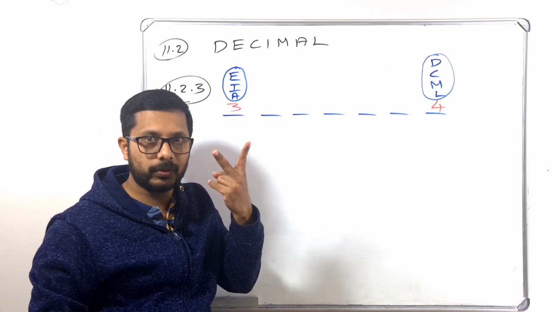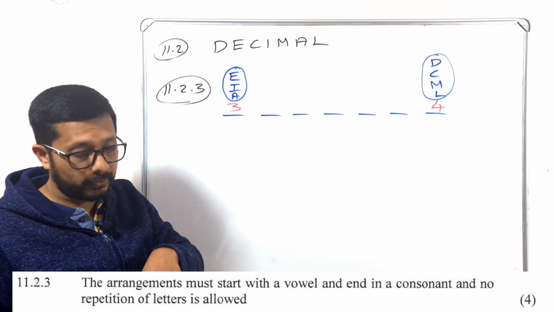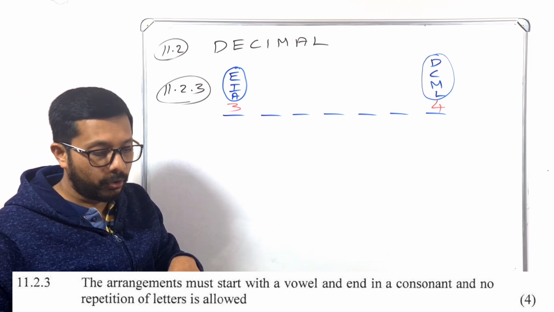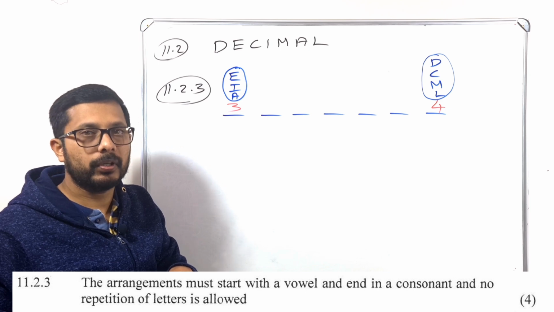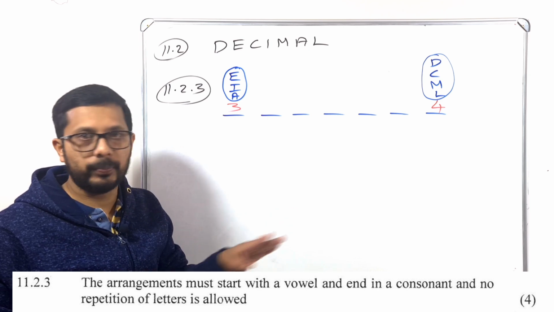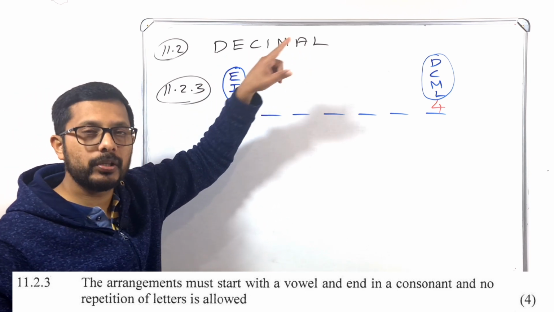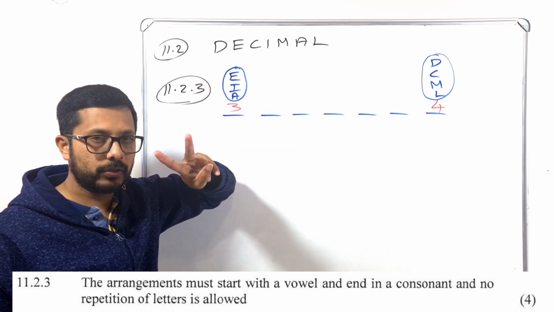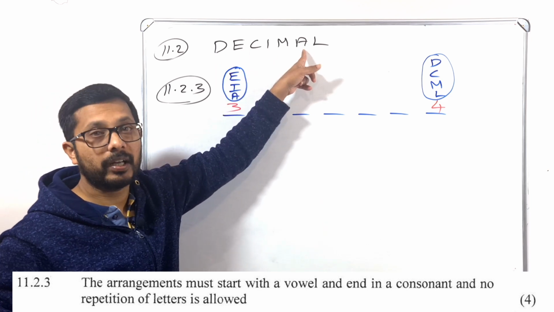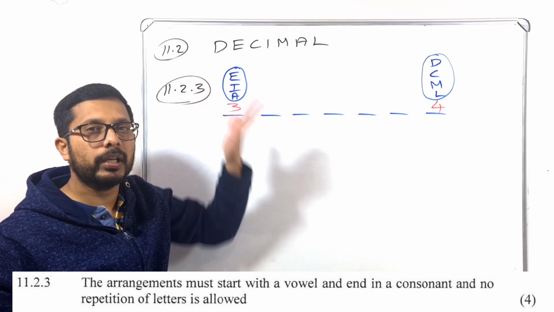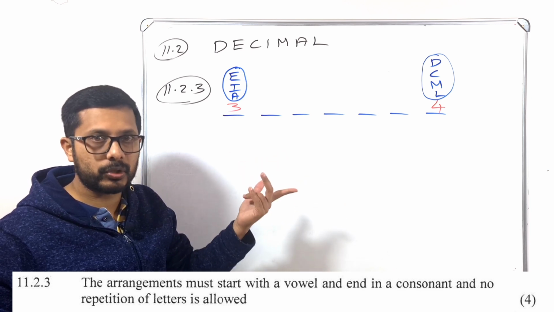Now no repetition of letters is allowed, so letters are not allowed to repeat again. From these 7, I already used 2 letters, so how many letters remain? 7 minus 2, 5.